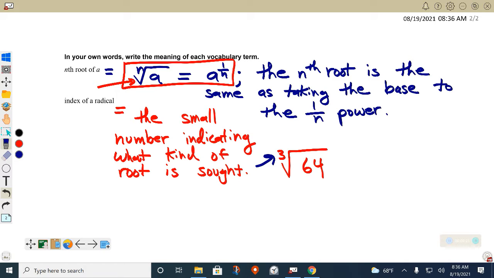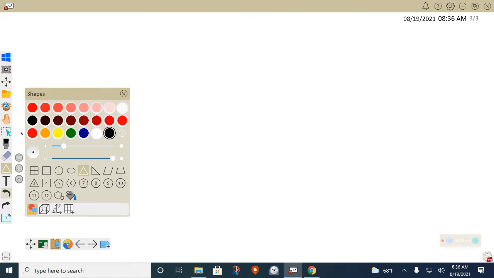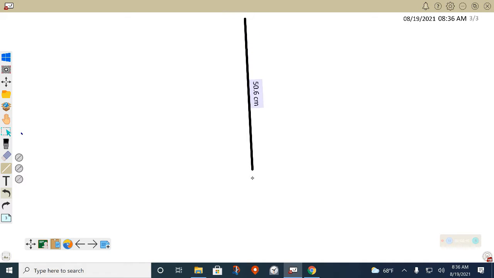So scroll all the way to the bottom of the file, add a blank page, and go ahead and divide that page in half, like this. There's my lines. So divide that page in half.